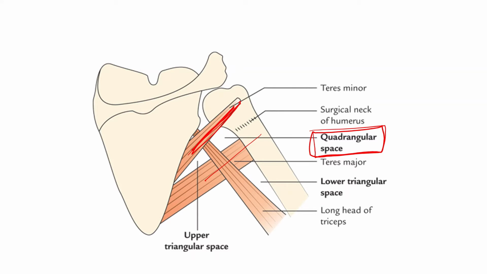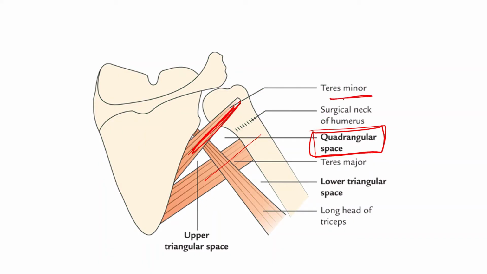Along with teres minor, the upper boundary is also contributed by the fibrous capsule covering the shoulder joint. In its most anterior part, the boundary is also formed by the subscapularis muscle. Yes, the upper boundary is contributed by three structures.